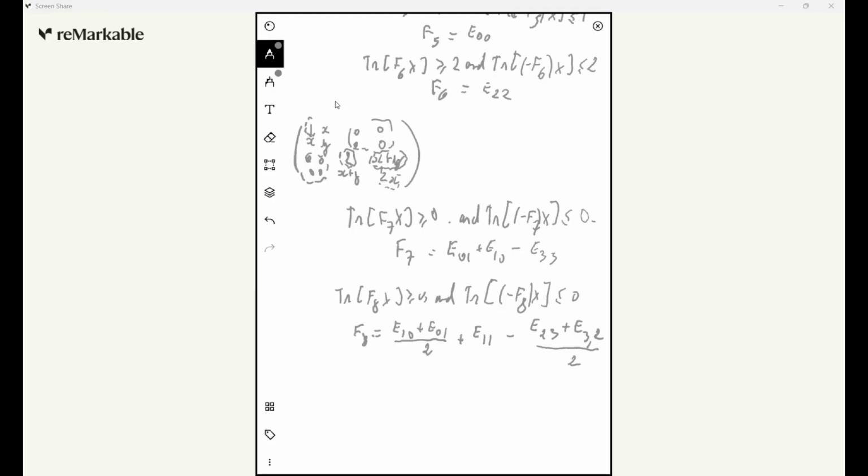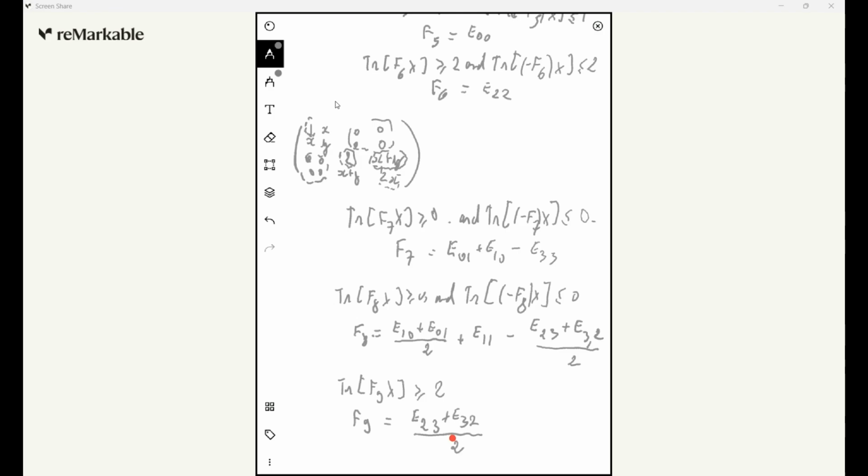And so the ninth constraint is trace of f9 of x and y equal to 2 with f9 being e23 plus e32 over 2.